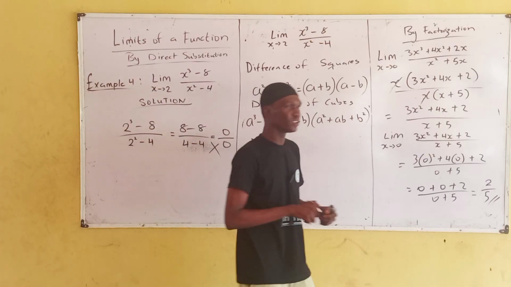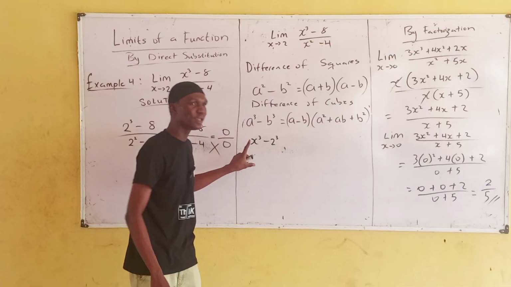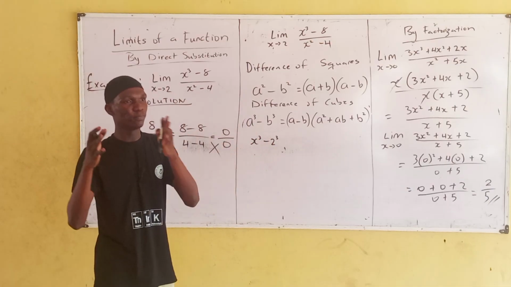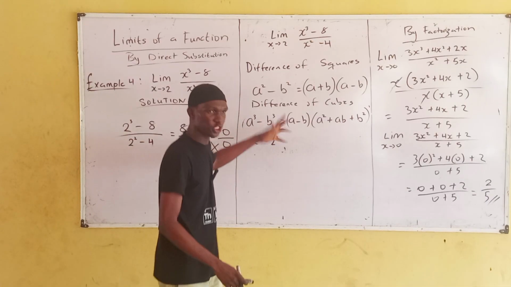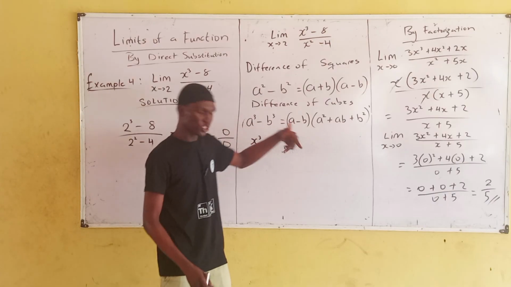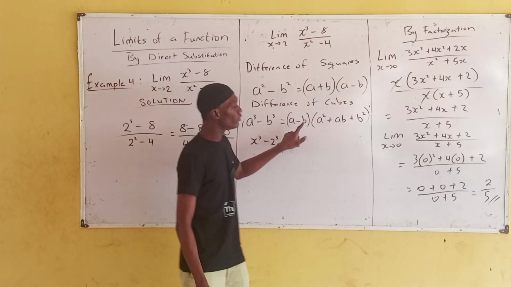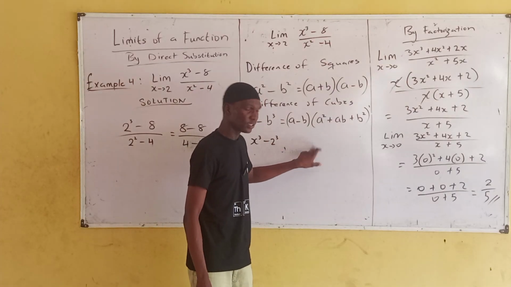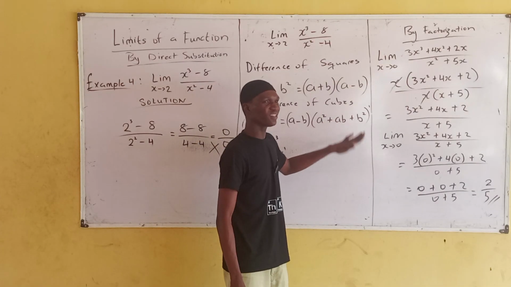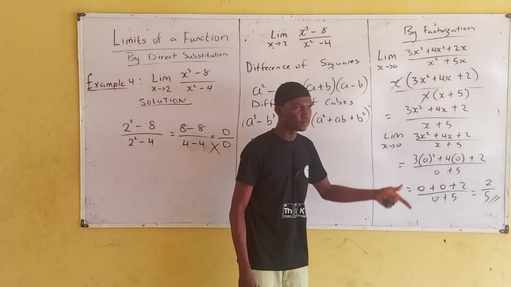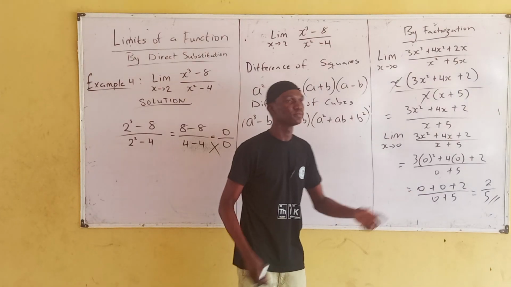Difference of cubes says that when we have a cubed minus b cubed, it gives (a minus b)(a squared plus ab plus b squared). Do you get that?